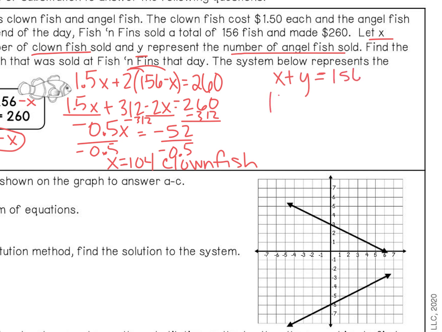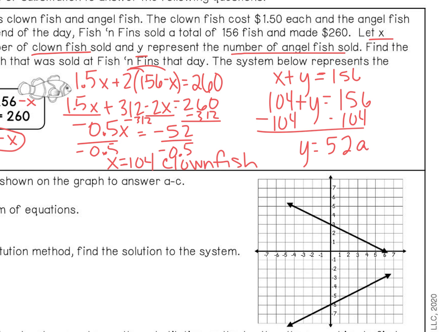So we can put our 104 here. And then we just have to subtract it. So Y, which is our angelfish, is 52 angelfish. So that's what it would look like in the context with a word problem. Okay?